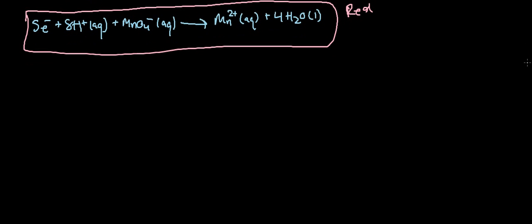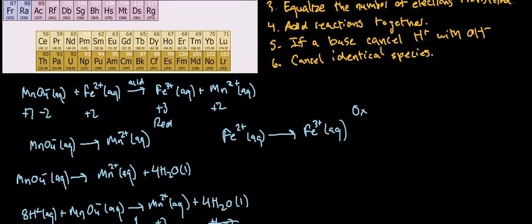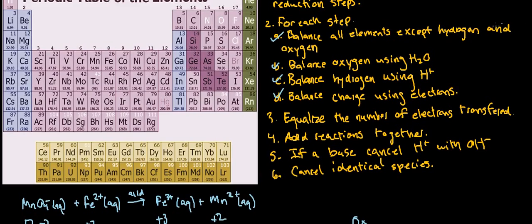Because sometimes these oxidation-reduction reactions can be a bit messy. Alright, so now let me go on to iron, which goes from 2 plus to 3 plus. So now I do this step number 2 all over again for the other part, the oxidation part.